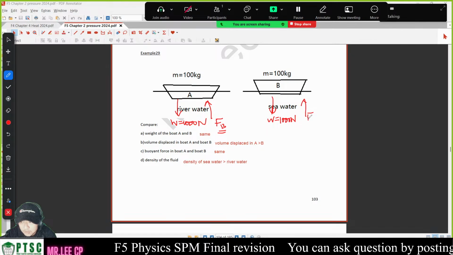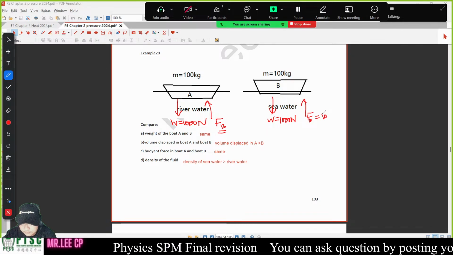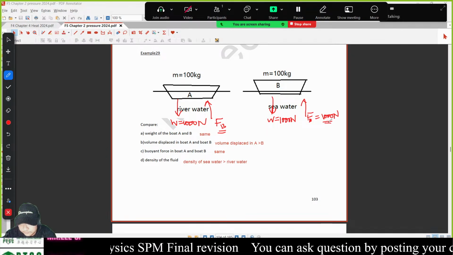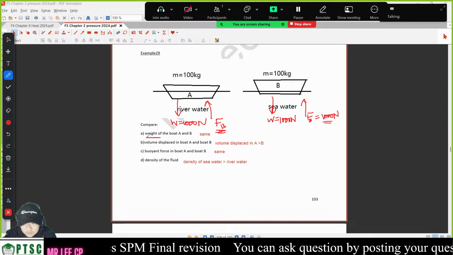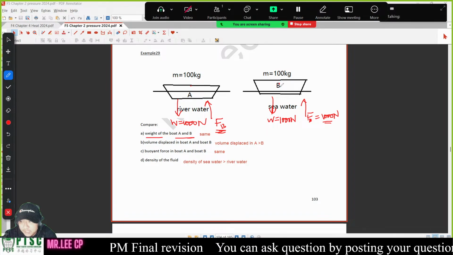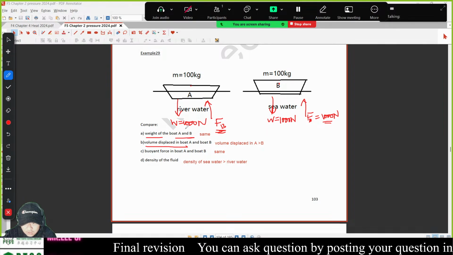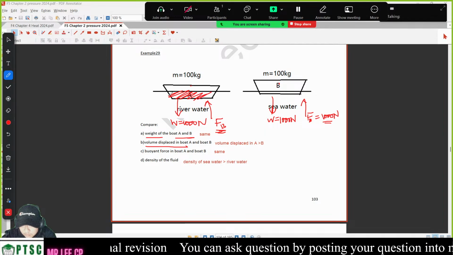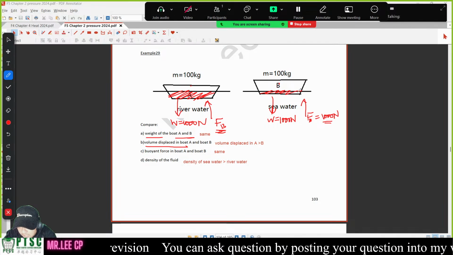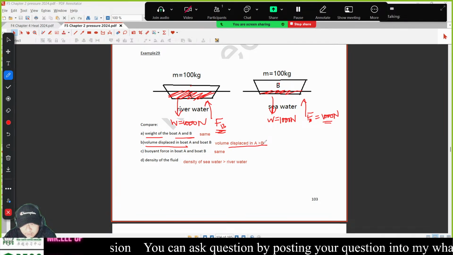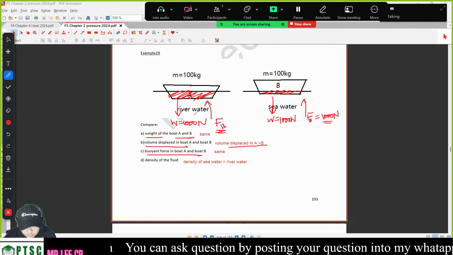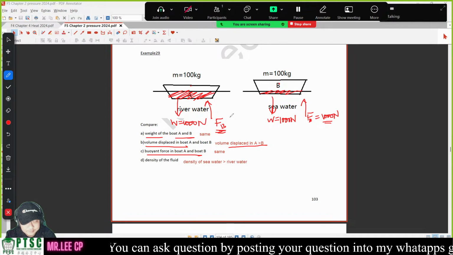Okay? So the weight of A and B is the same. So water displaced, this one more, this one less. Volume A displaced more than B. So buoyant force A and B, same.